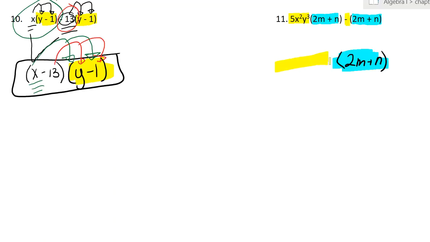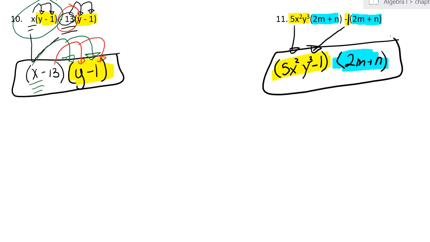Now, think back to what that means. If there's no number in front of parentheses, it implies that there's a 1. So I'm going to regroup those together to get 5x squared plus y cubed minus 1, and that's going to be times the quantity 2m plus n.